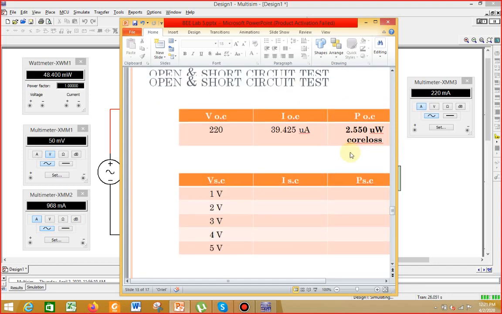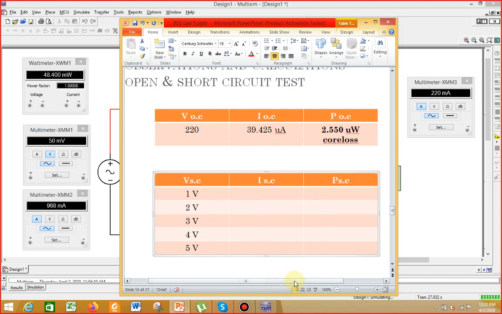Okay, so first of all, the short circuit voltage and current, also the power. So 50 millivolts, and the current is 968 milliamps, and the power is 48.4 milliwatts.